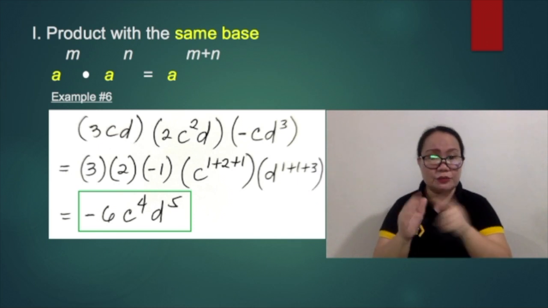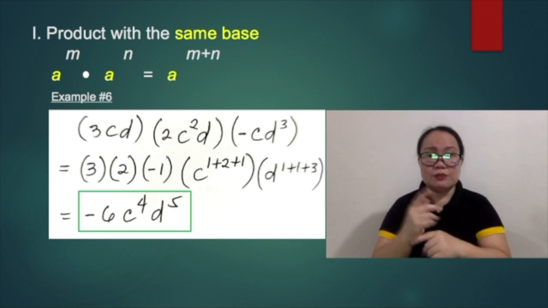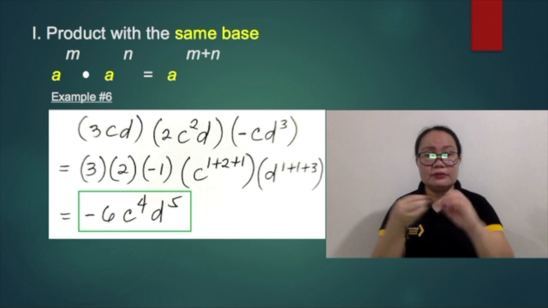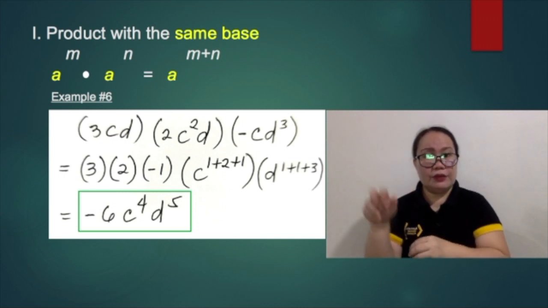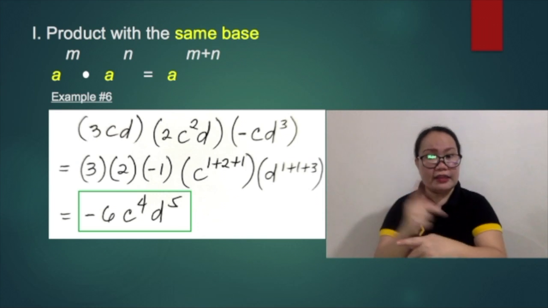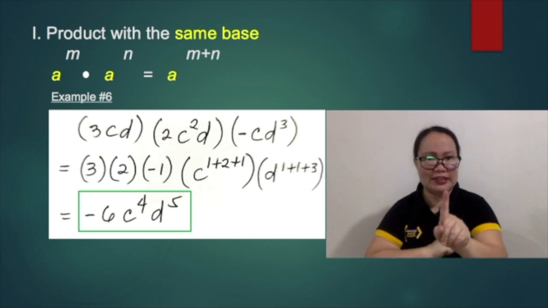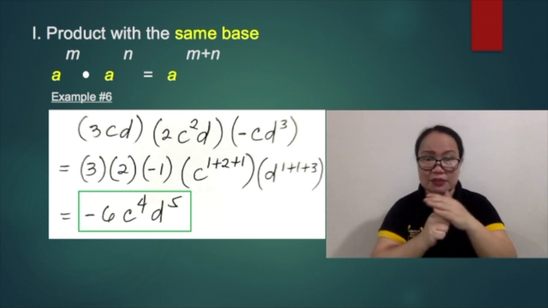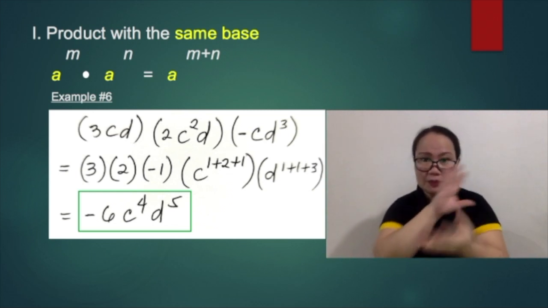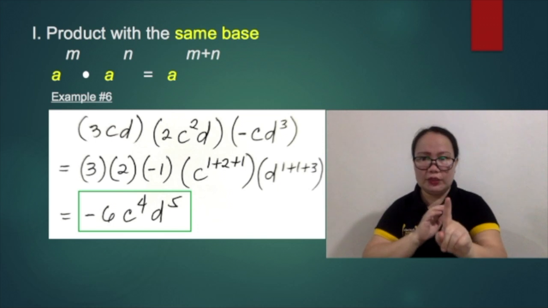So first, the rule says multiply all the numerical coefficient. 3 times 2 times negative 1. It's not seen, but it's always 1. So copy the sign, negative 1.